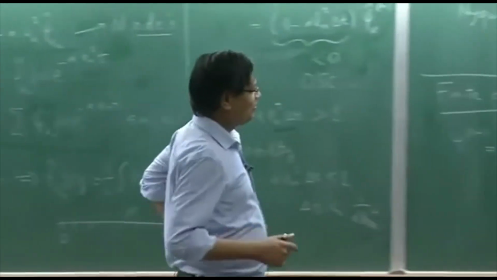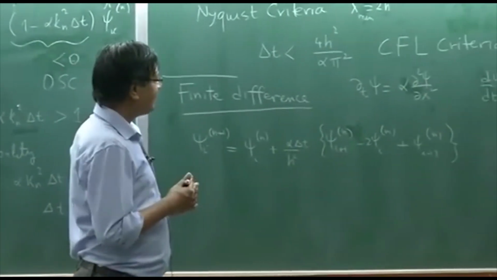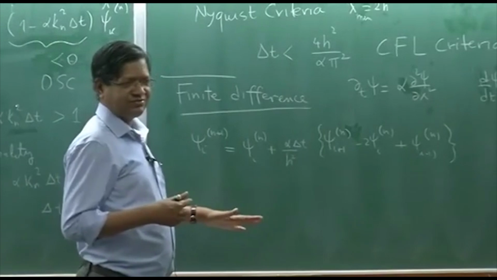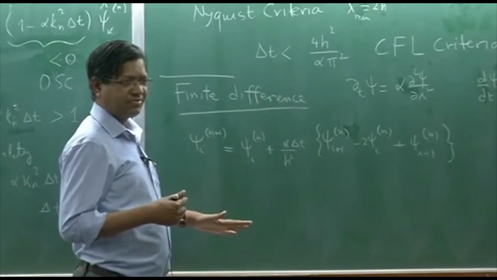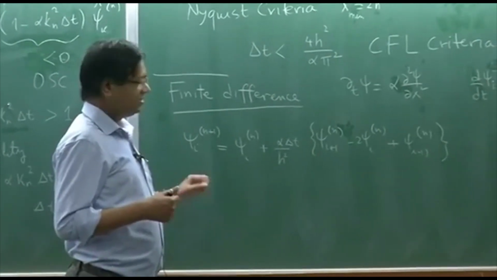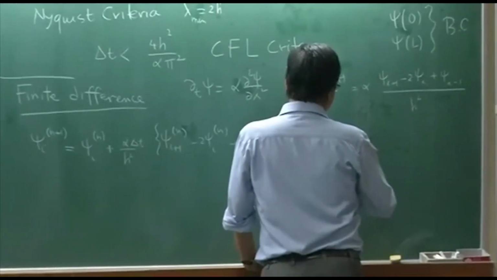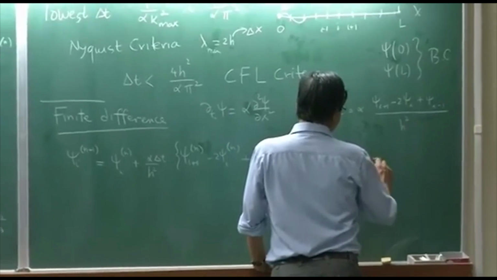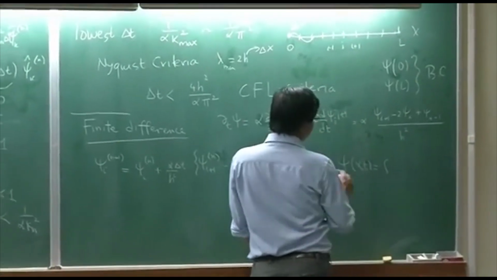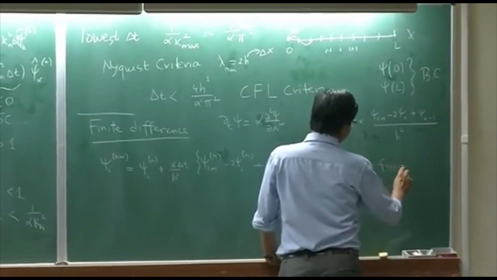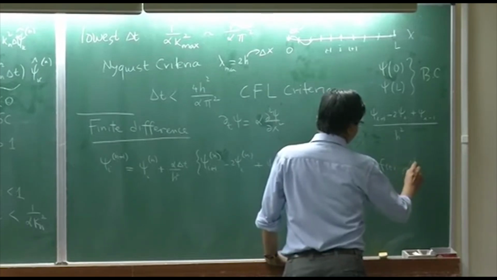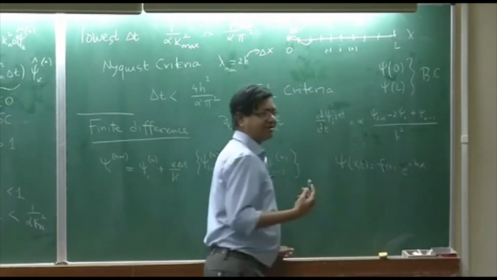So to figure it out, let's put in a trial solution, psi of x, t equals f of t times e to the power i k x. This is to test stability.